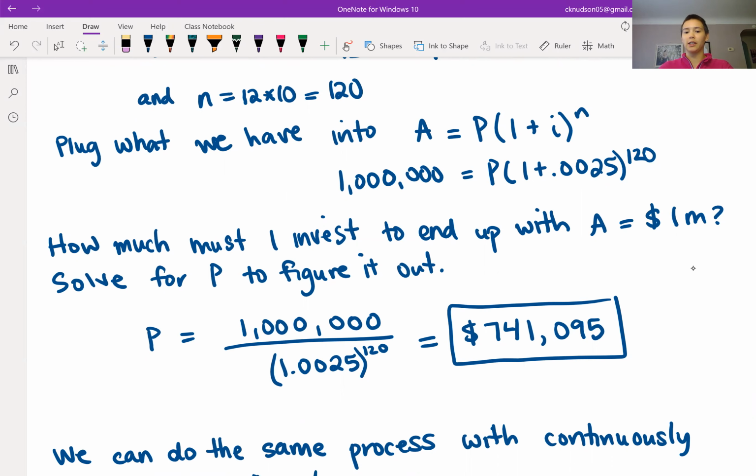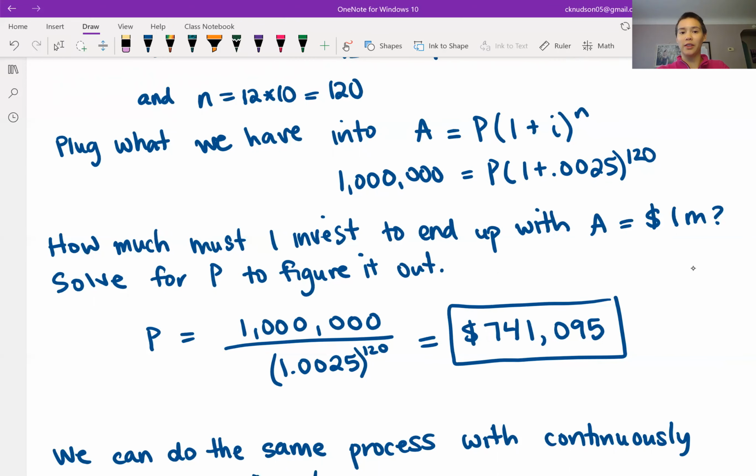And then bust out your calculator, crunch that out, and you'll see that P is equal to $741,000 and 95 more dollars. Hard to say numbers today. Okay, so in other words, I need to invest that much money, about $740,000, in order to end up with $1 million in 10 years.